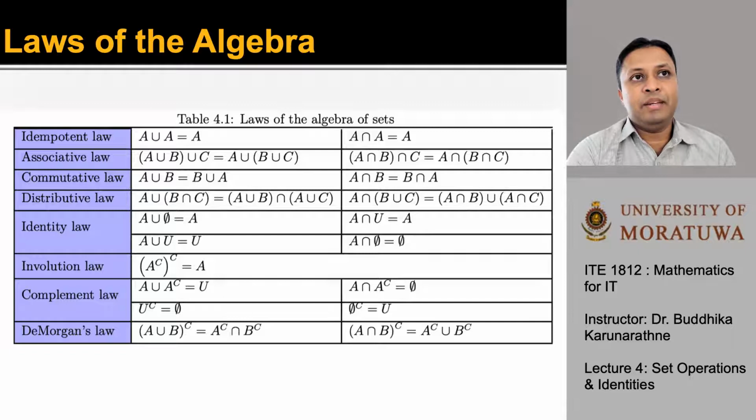We begin with the idempotent law, which is A union A is equal to A, and also A intersection A is equal to A. And then you can also identify the associative law, commutative law, distributive law, identity law, involution law, complement law, and De Morgan's law.